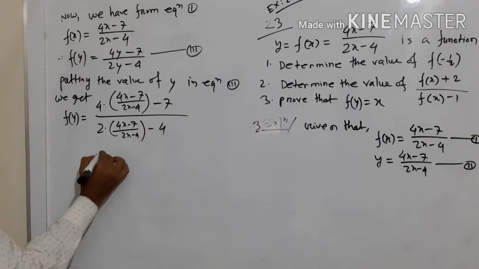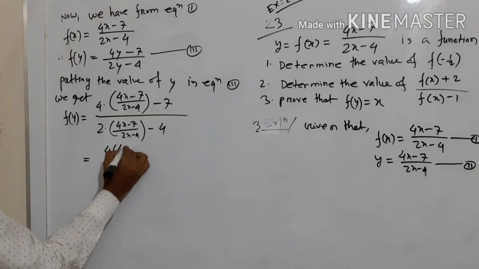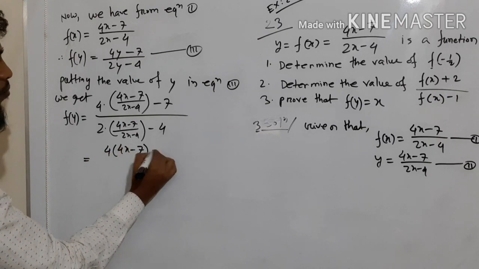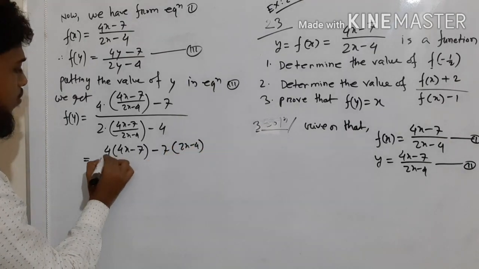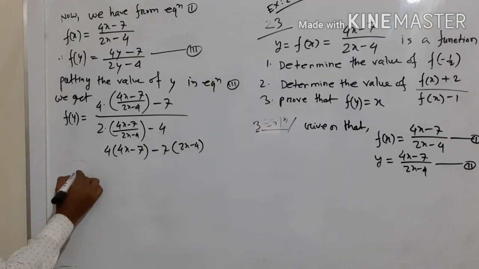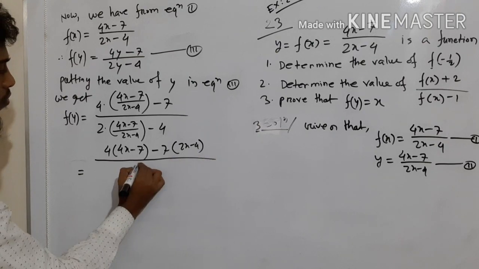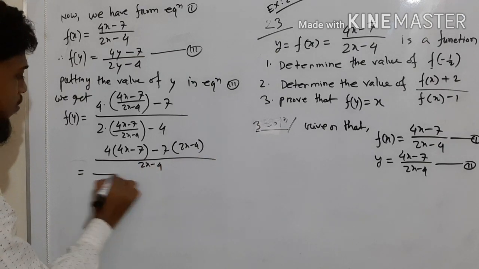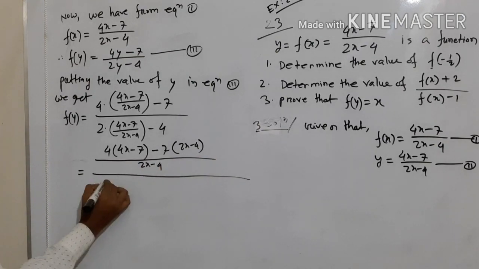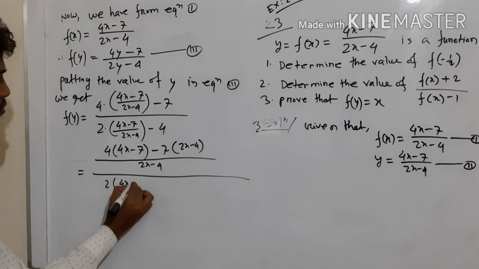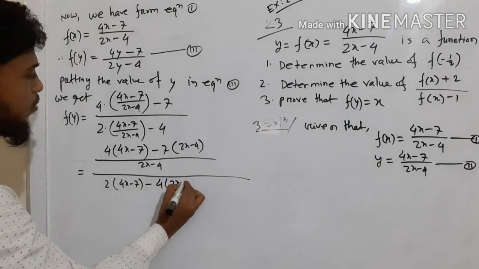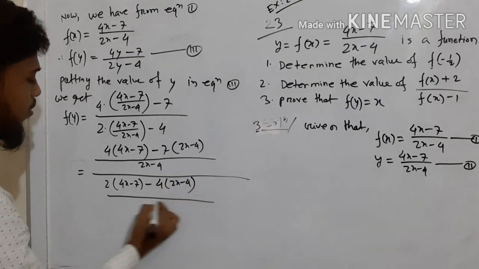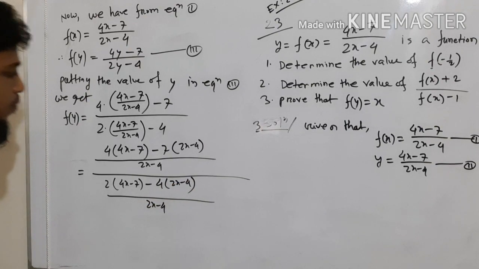So 4 into 4x minus 7 minus 7 into 2x minus 4, our LCM 2x minus 4, and 2 into 4x minus 7 minus 4 into 2x minus 4 divided by 2x minus 4.